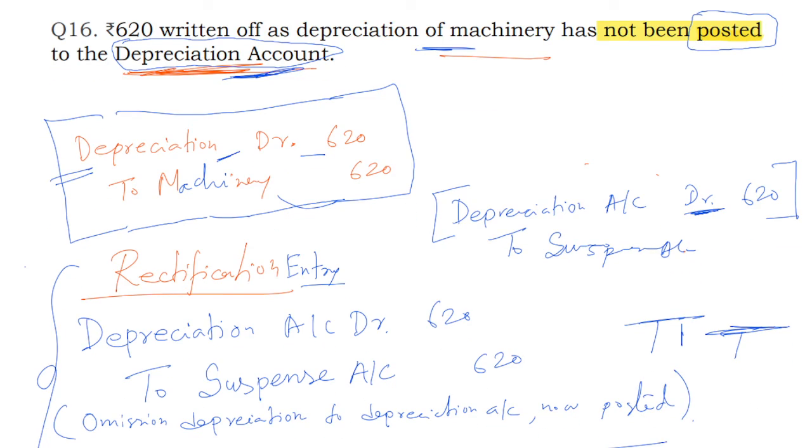When you do not get any other account to be credited or debited, at that time we have to open a temporary account called suspense account. That account is temporarily opened, and with that it is closed.